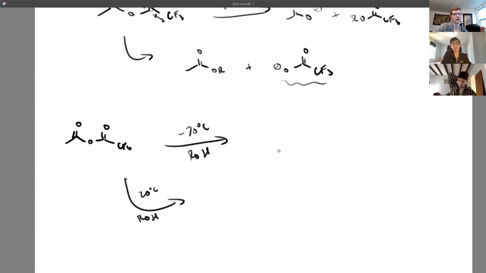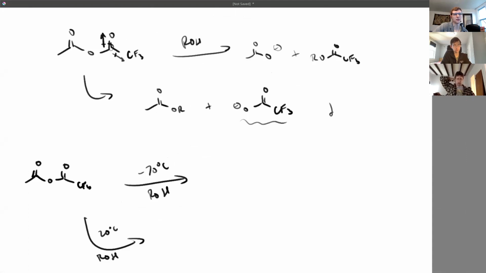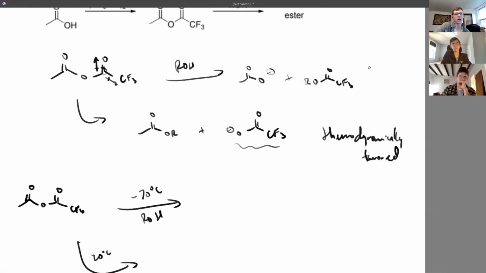I would expect this here is the thermodynamically favored, because the products at the end of the day are more stable. And I would expect that this is kinetically favored.